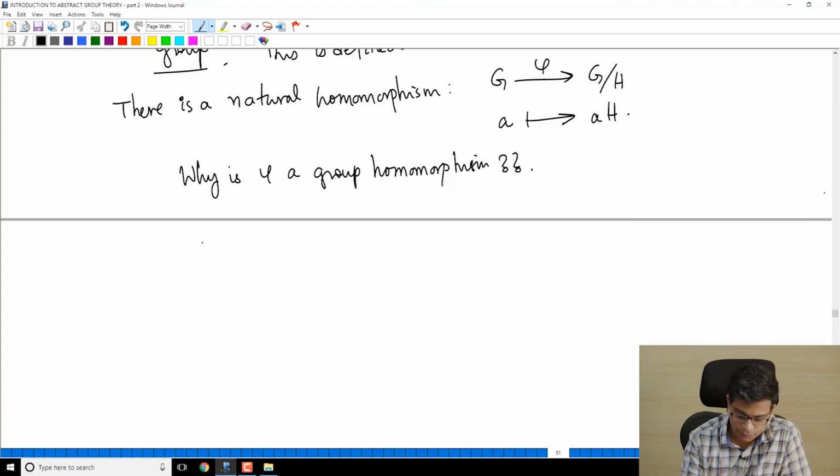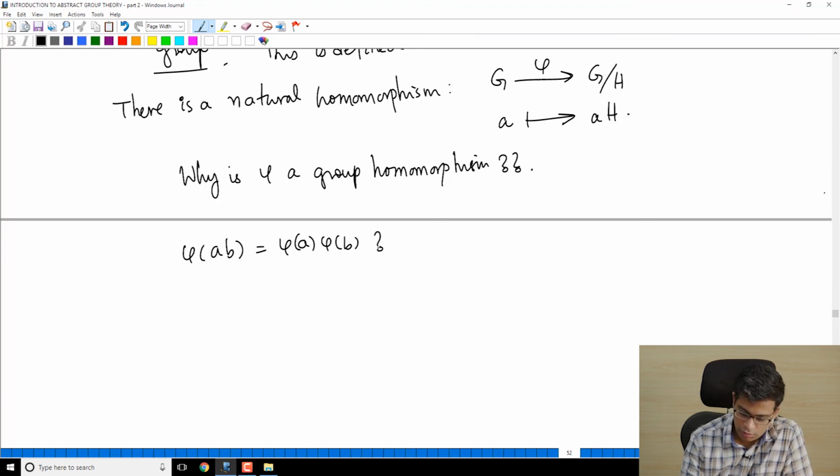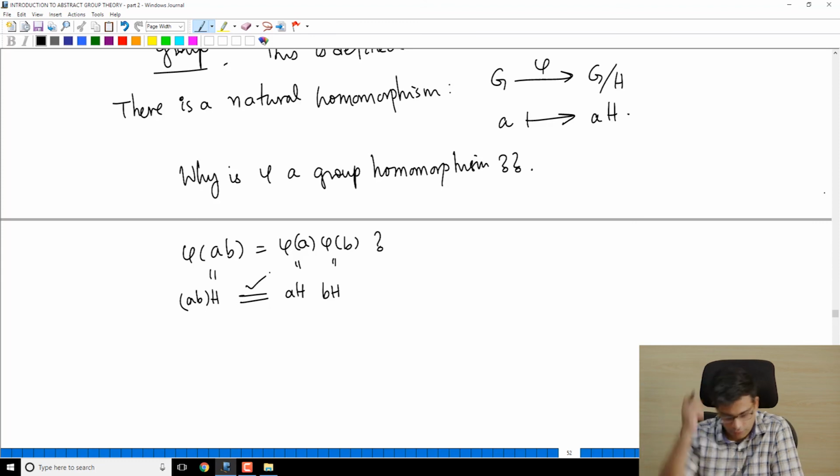Let's check this. We want to check phi of AB equals phi of A times phi of B. Is this true? Let's write down what is phi of AB. Phi of AB is by definition ABH, right? And phi of A is AH, phi of B is BH, and these two are equal by definition of the product.